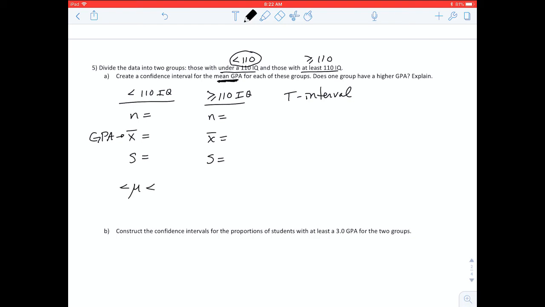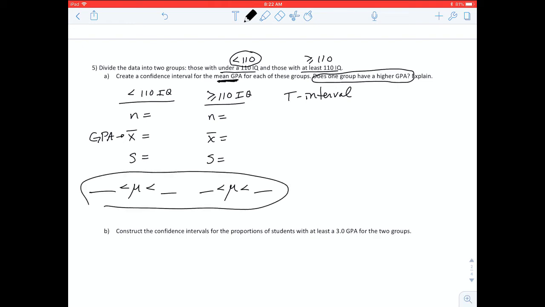So then for this one, their average GPA is between this number and this number. And then do the same thing for this group. And then based on that, you just see, does one stand out as having a bigger GPA? So when you're comparing these two intervals, does one interval look like it's got higher GPA than the other?